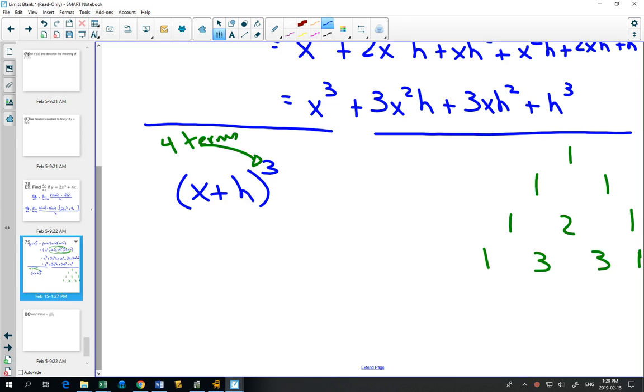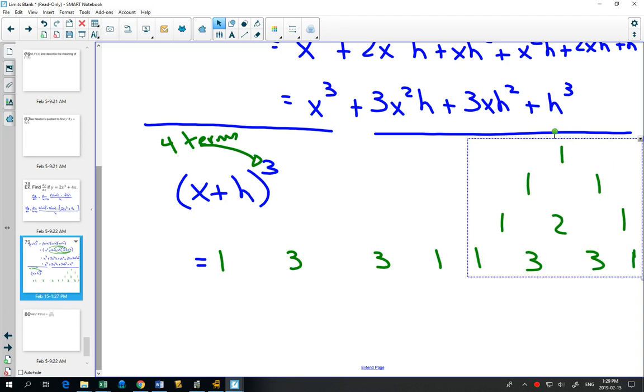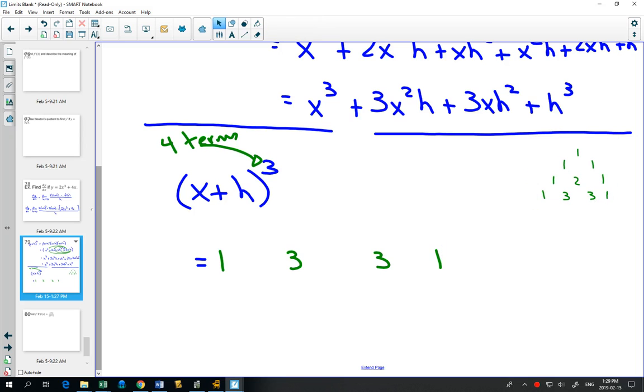Those 4 terms are going to have coefficients 1, 3, 3, 1 that match up with Pascal's triangle. So we'll have 1x cubed plus 3x squared h plus 3xh squared plus 1h cubed. You could use Pascal's triangle to expand that as well.